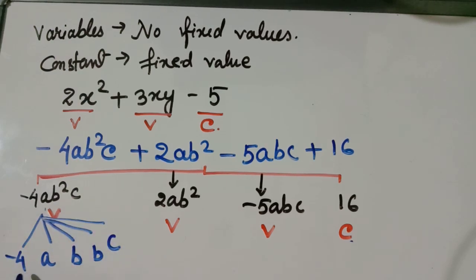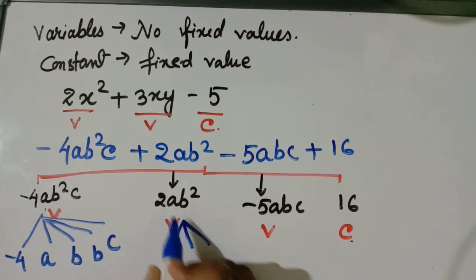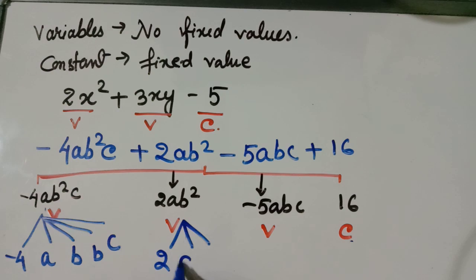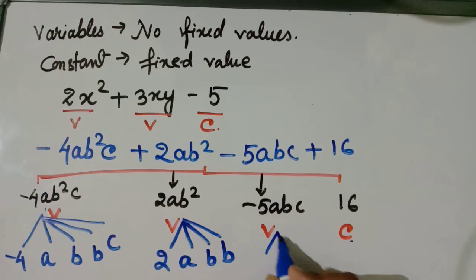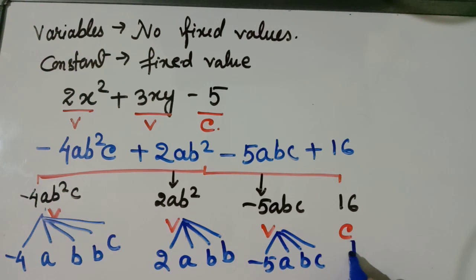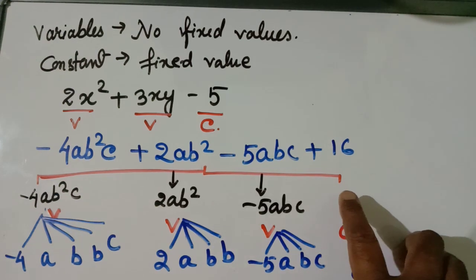So there are 1, 2, 3, 4, 5 factors. In this term, the factors are 2, a, b, and another b, since b square means another b is there. And in this term, the factors are minus 5, a, b, c. And this 16 is called the constant.